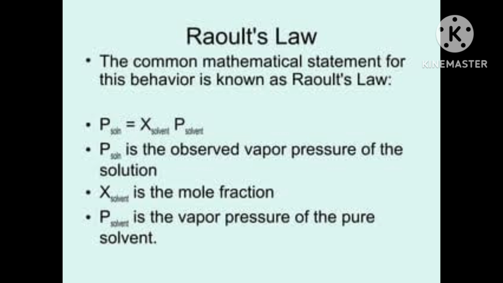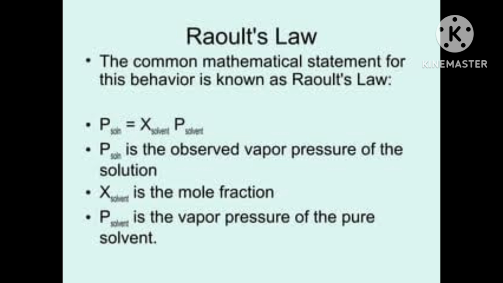Now you know P total is equal to P1 plus P2. Actually you want to correlate with mole fraction, so you put in the value of P1. You know P1 is equal to P1⁰ into X1.